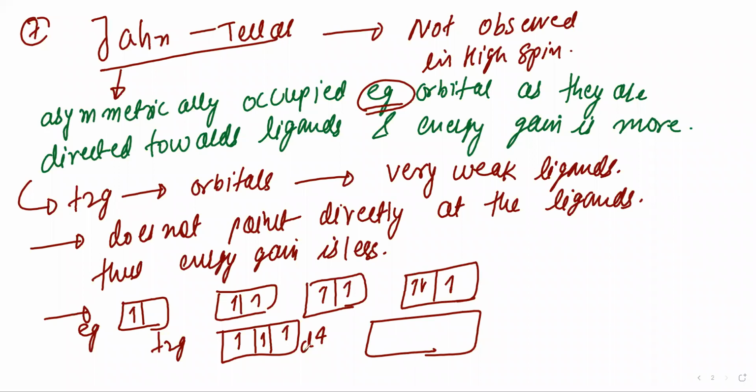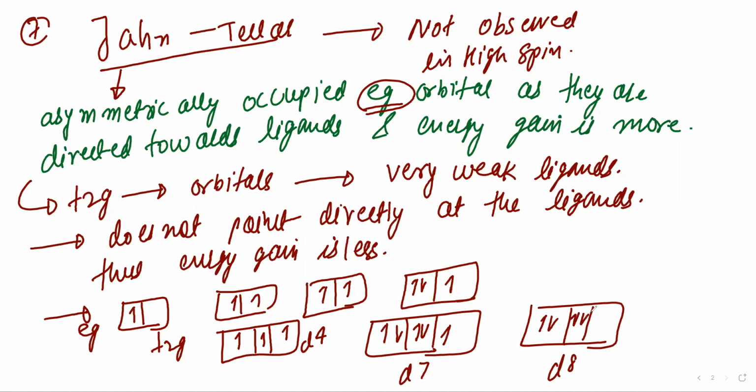Next is d7, so paired electrons, 5 electrons are there in d7. And for d8, it will be 6 electrons: 1, 2, 3, 4, 5, 6. Next is d9, so it will be written like this, and it will be in d9.